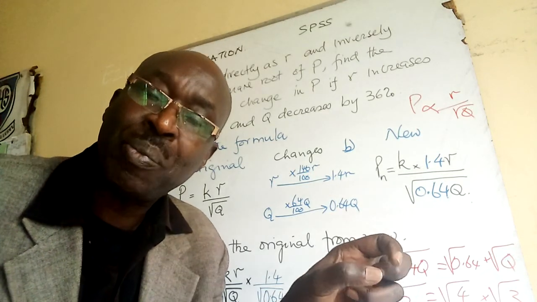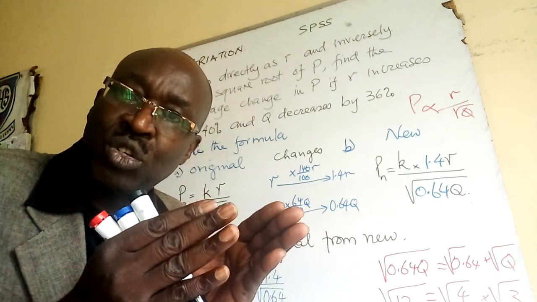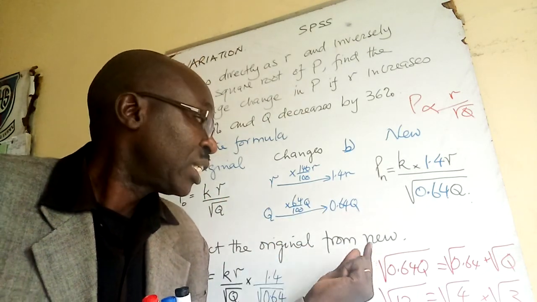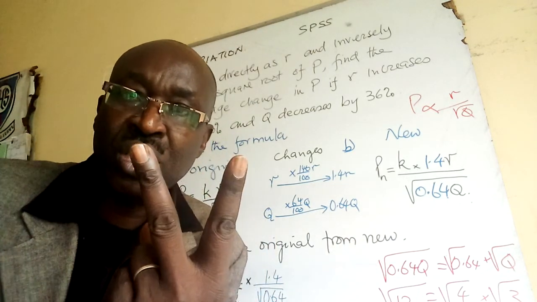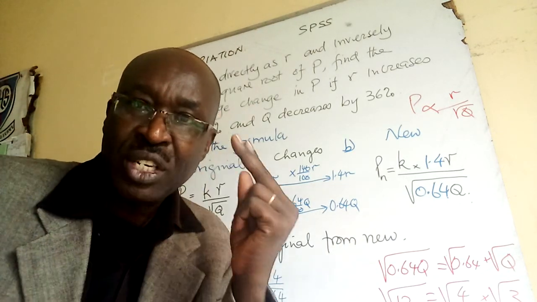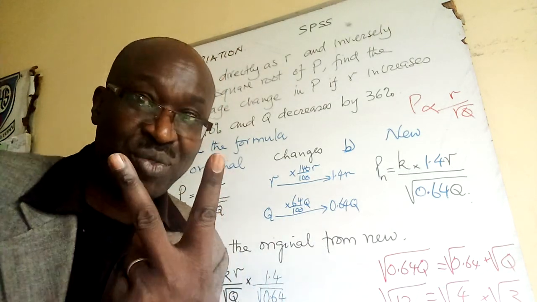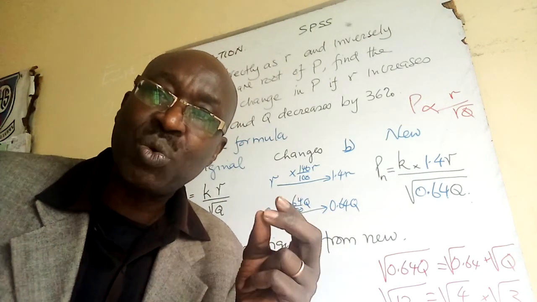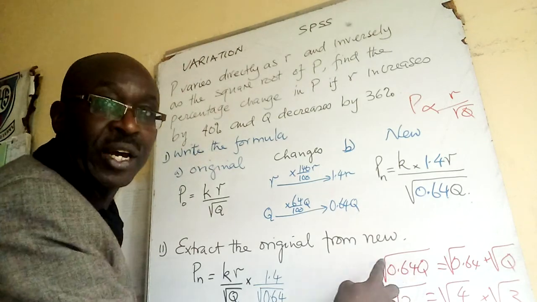The square root of a product can be the square root of individual factors. So let me use 0.64 and q as two factors. So I can give the square root to individual factors. That is what I'm showing here.